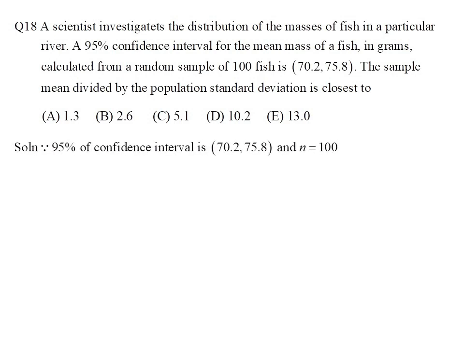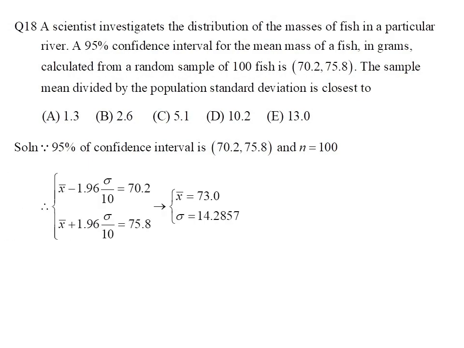Since the given 95% confidence interval is from 70.2 to 75.8 and the sample number is 100, we have two simultaneous equations established based on the given information. The mean mass of a fish plus or minus 1.96 multiplies sigma over square root of n equals 75.8 and 70.2 respectively.